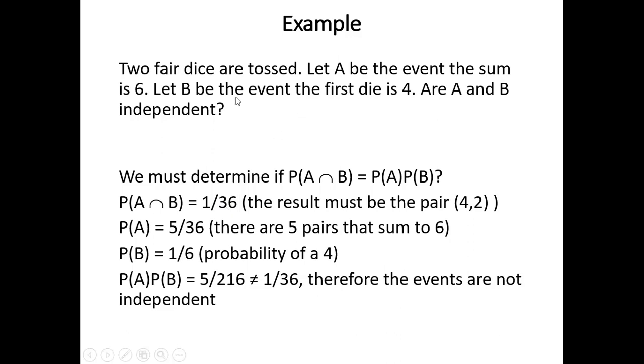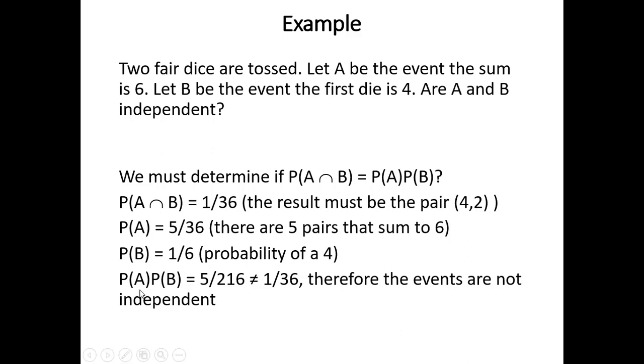Now, A is the event that the sum is 6, and there are 5 different pairs that sum to 6: 1, 5; 2, 4; 3, 3; 4, 2; and 5, 1. So the probability of A is 5 over 36. Recall B is the event that the first die is a 4, so the probability of B is 1/6.